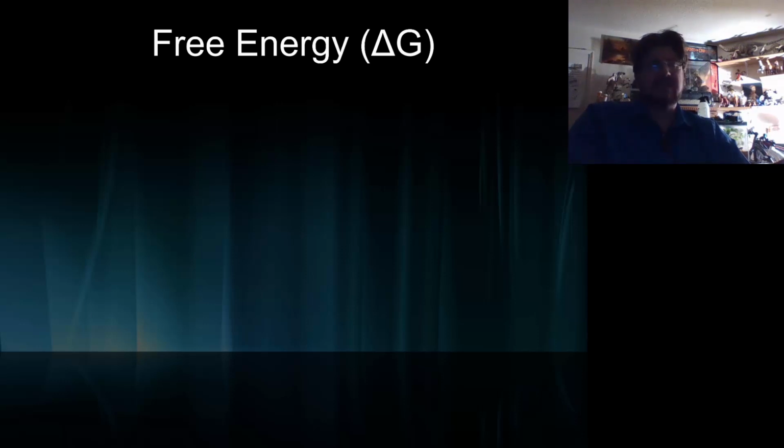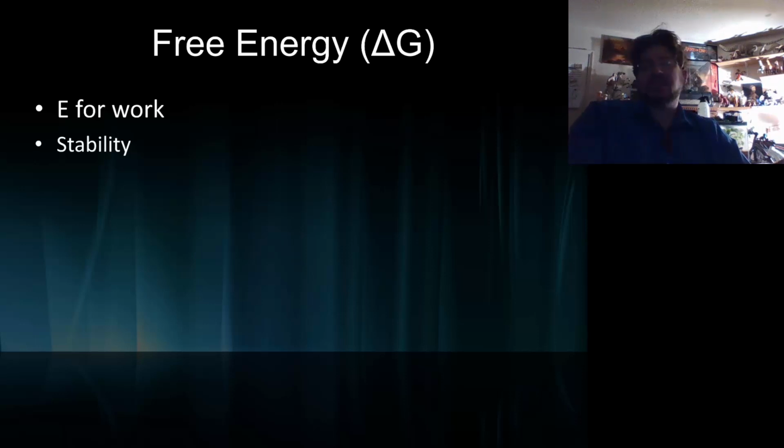It's physically changing its position in space, and that requires work energy. Moving your muscles and your bones, that's work energy. So the energy available for work is free energy. Free energy is abbreviated with the good old delta G.